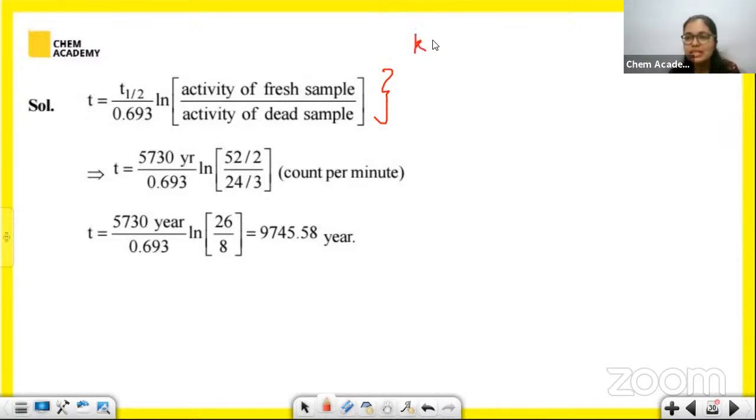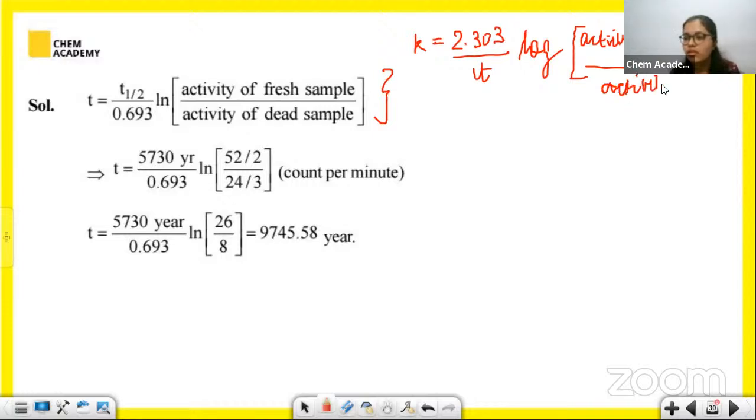It can be written as k equals 2.303 by t log of activity of fresh sample divided by activity of dead sample.